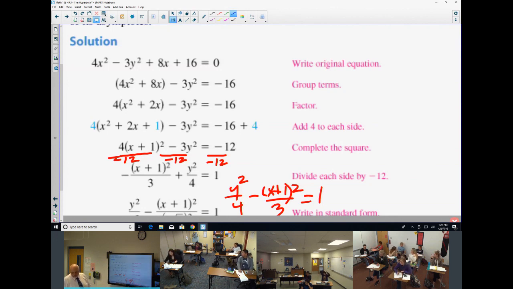Well, let's have you do practice 1E. So just let's just have you put it into standard form. Well, we'll not worry about graphing it.